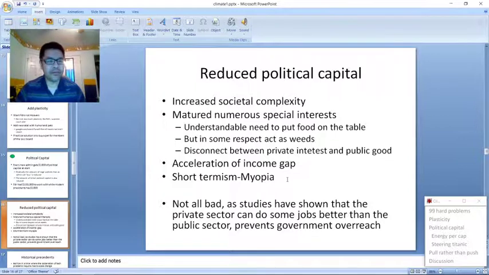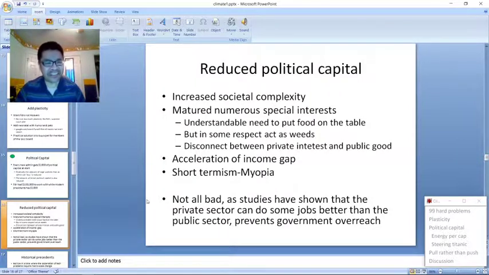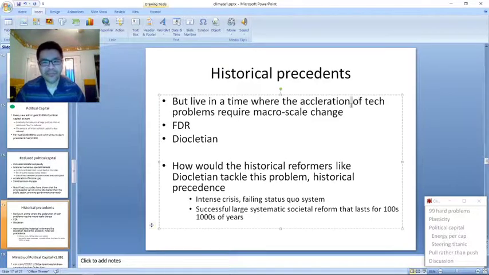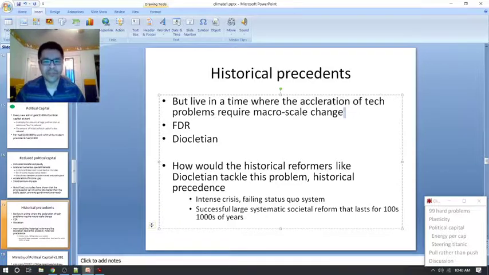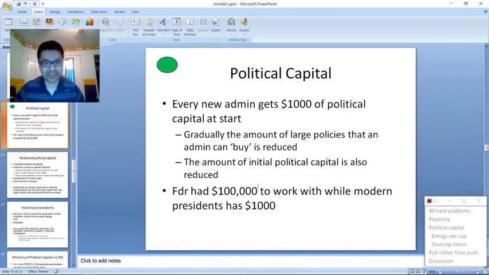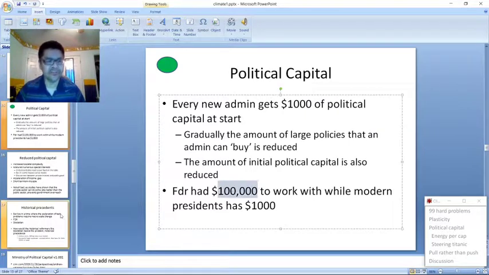But the reason that it is bad for climate change is that we live in a time of large technological acceleration of problems that requires significant political capital to deal with.